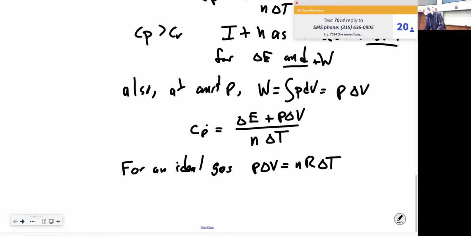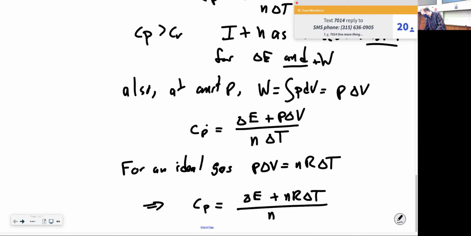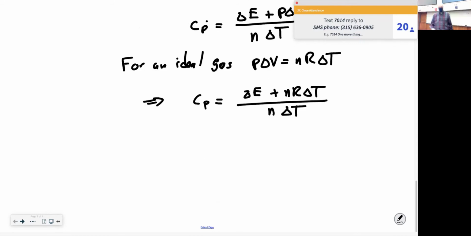So you can plug those in and find that Cp is delta E plus NR delta T divided by N delta T. Which is interesting. Let's separate these two terms, because you've got a delta E over N delta T plus a term where all the N's go away and the delta T's go away. It's just R, the gas constant.